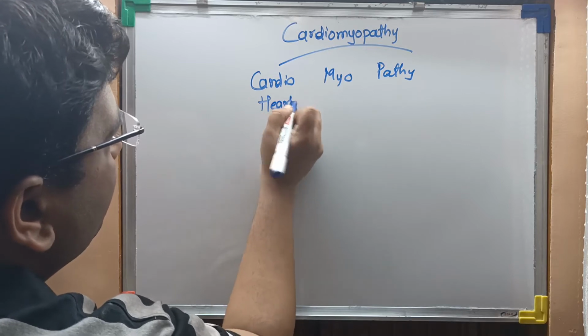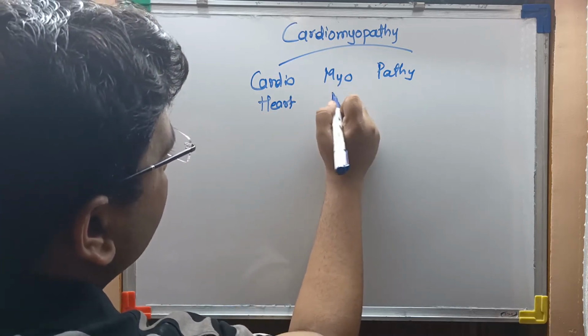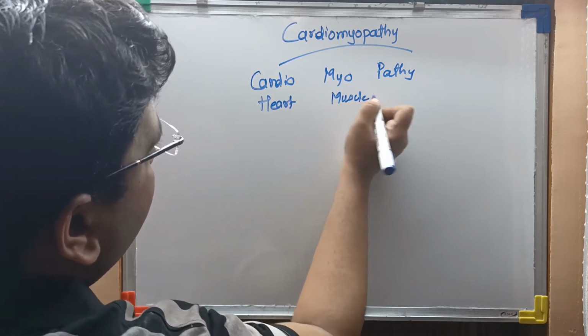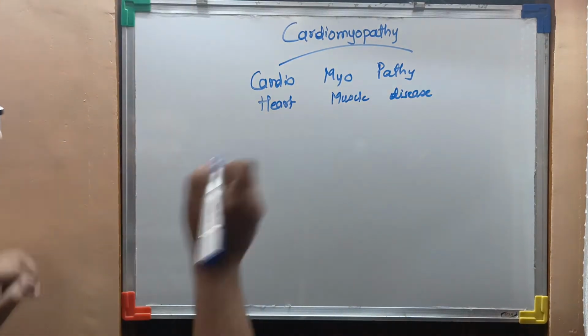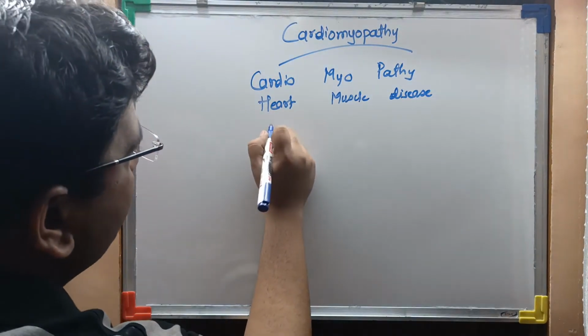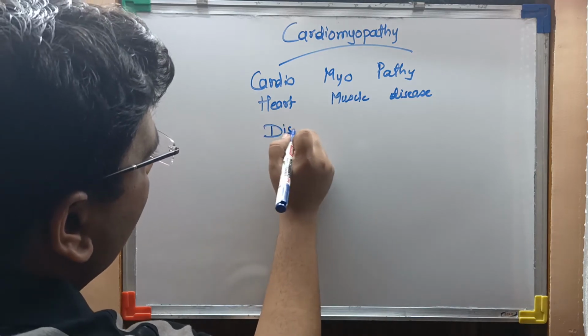Cardio means the heart, myo means the muscles, and pathy means the disease. So cardiomyopathy is the disease of the heart muscle.